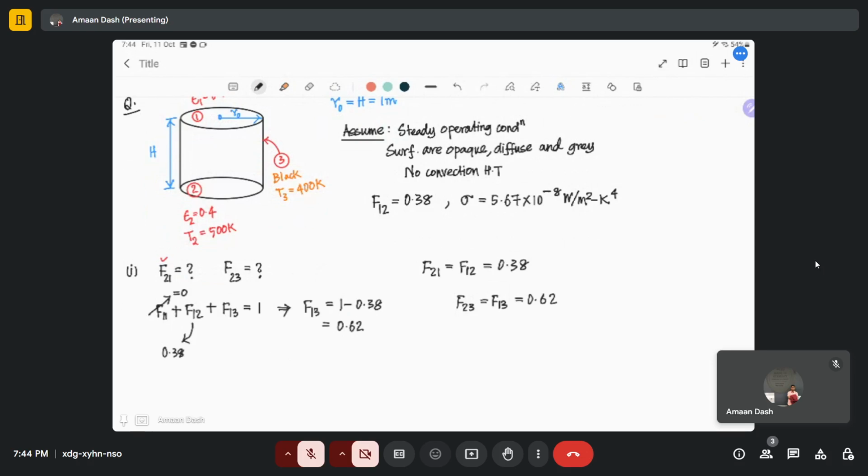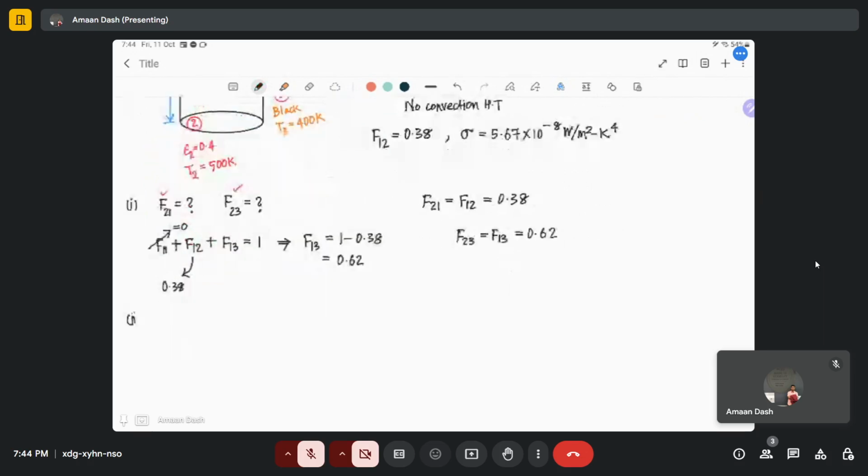Now, from 1 to 3, the first thing you can see is that 1 and 2 are symmetric surfaces. Like how 1 behaves, 2 behaves in the exact same way.